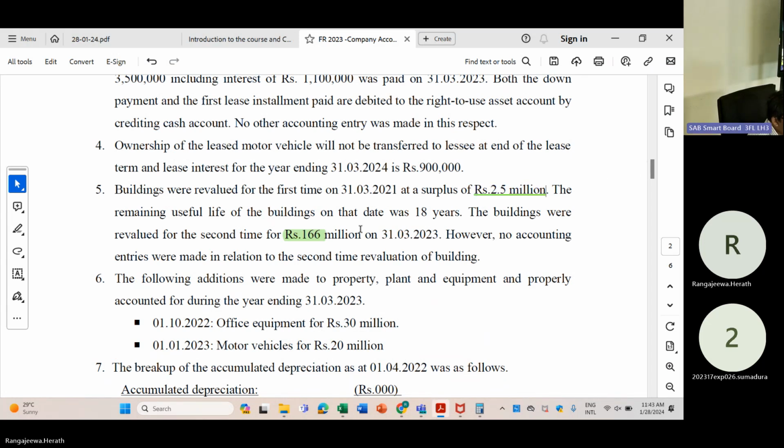Second time also surplus, no issue. So this surplus you can record in other comprehensive income.